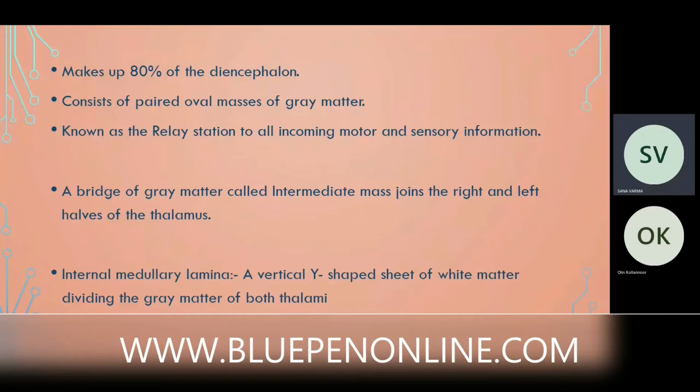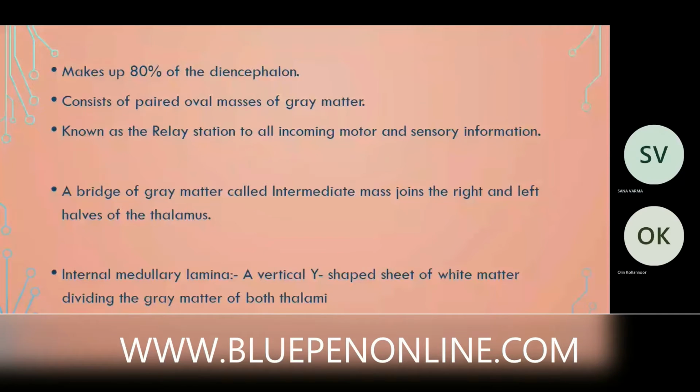It is a vertical Y-shaped sheet of white matter dividing the gray matter of both thalami. We can very clearly see this Y-shaped structure dividing the thalami into various portions, in both thalami.